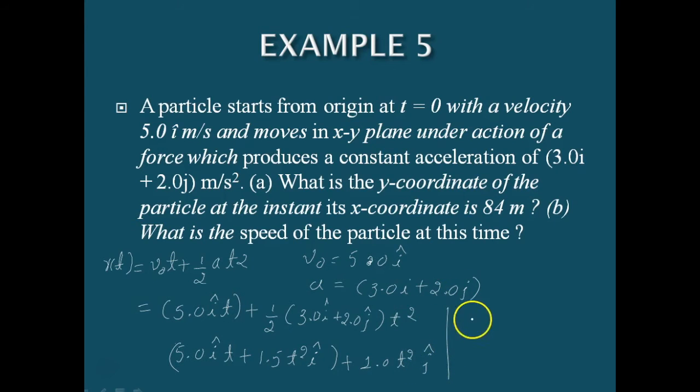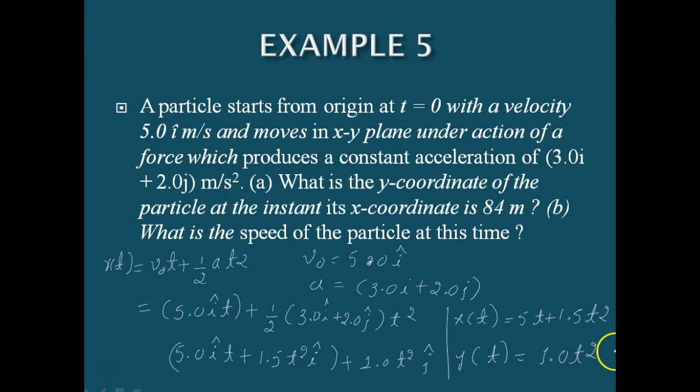From this we get the coordinates x(t) as 5t + 1.5t² and y(t) as 1.0 t².